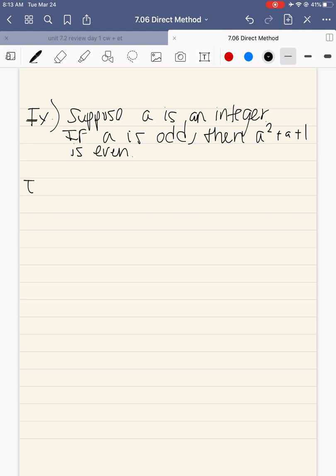So instead of writing proof here, I'm going to write disproof. And let's just pick an integer for a. So let's consider a equals 3. We know a is 3, so observe that a is odd.